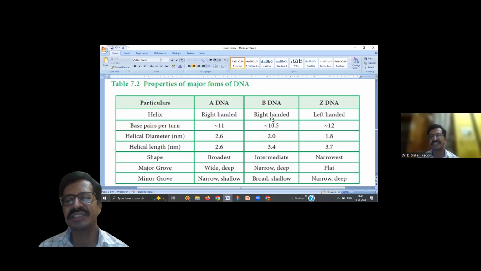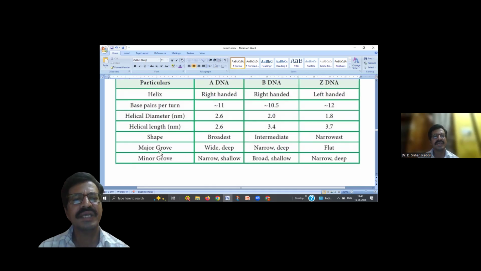Z-DNA is a left-handed structure, that you should know. The major groove in B-DNA is narrow, and in A-DNA it is wide and deep. That is the main difference between A-DNA and B-DNA.